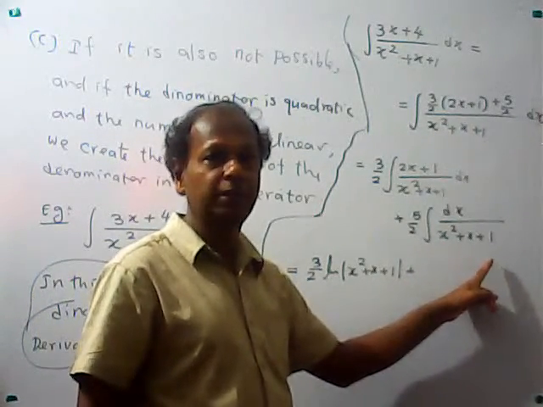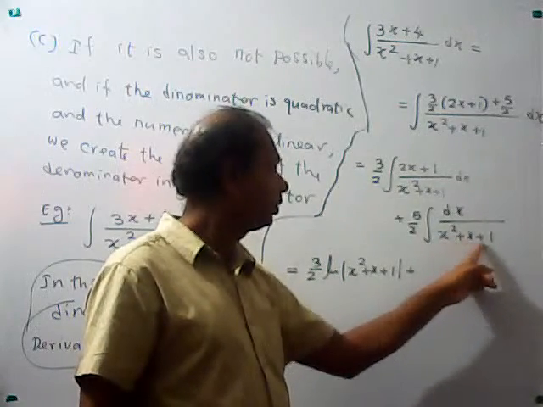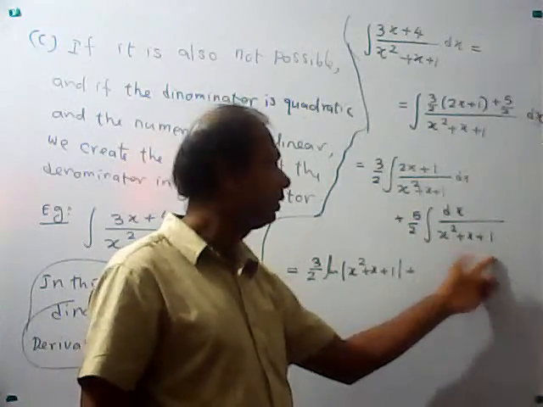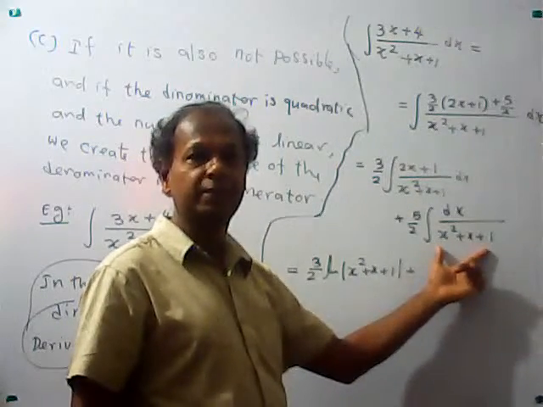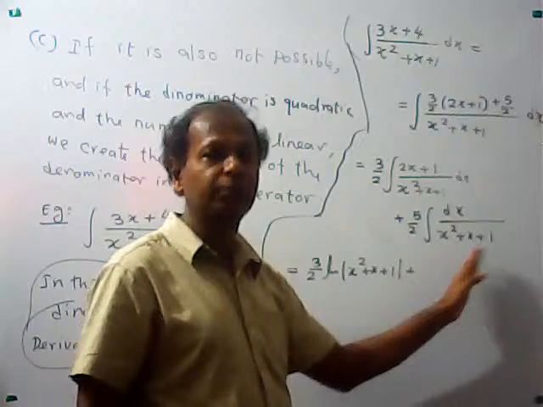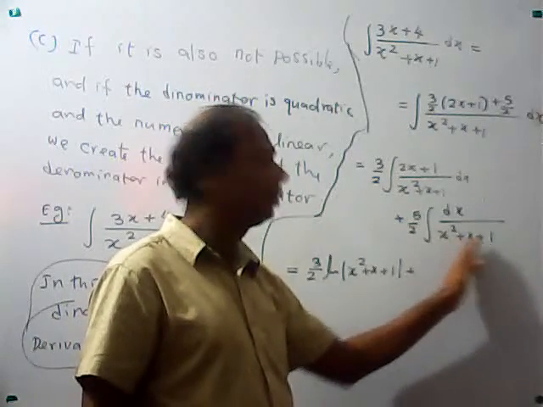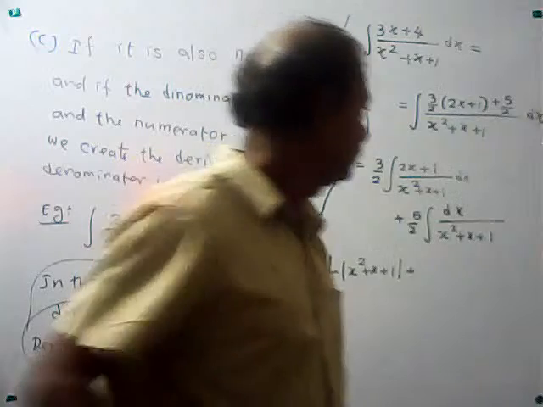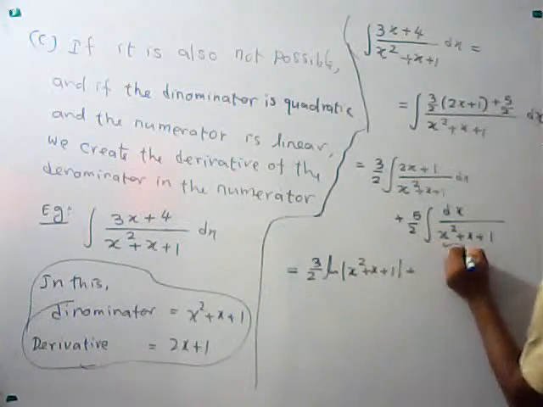Last day we learned, right? What is special about this is that delta is less than 0. Do you remember last day we learned if delta is less than 0, we will complete the square of the denominator. Here it is the delta less than 0 case.